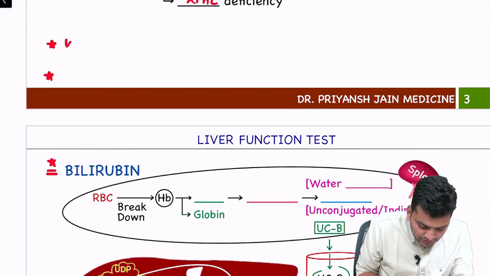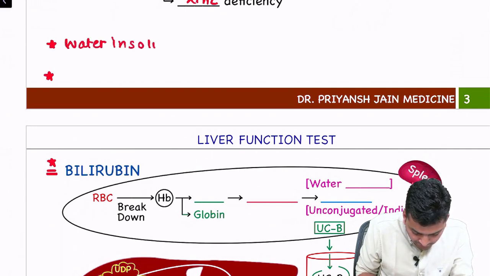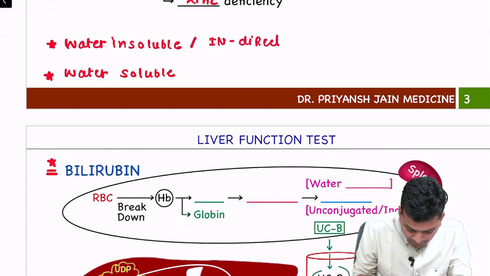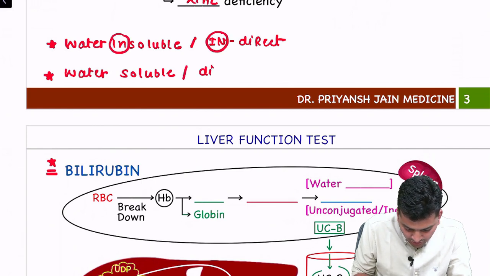See, we have two types of bilirubin: water insoluble bilirubin and water soluble bilirubin. Water insoluble is also called indirect bilirubin, whereas water soluble is called direct bilirubin.